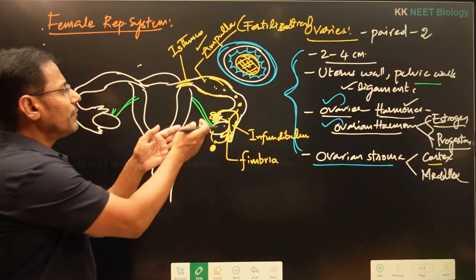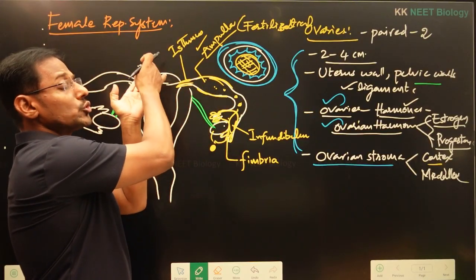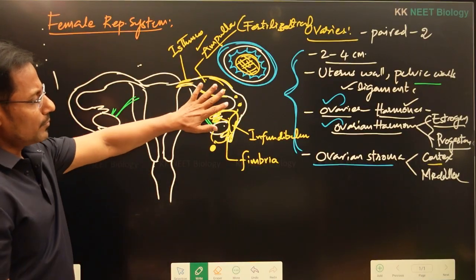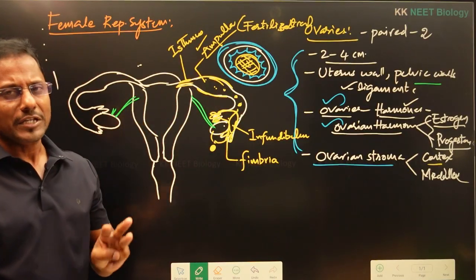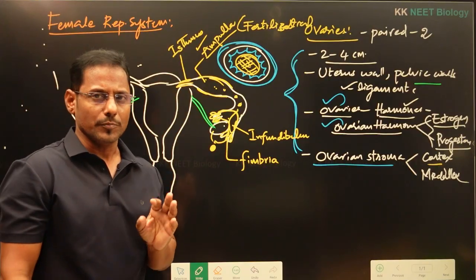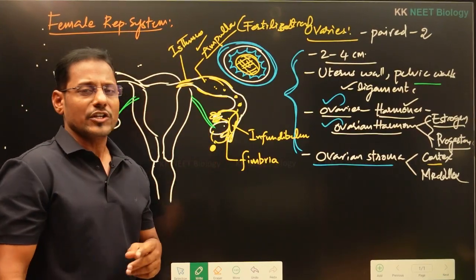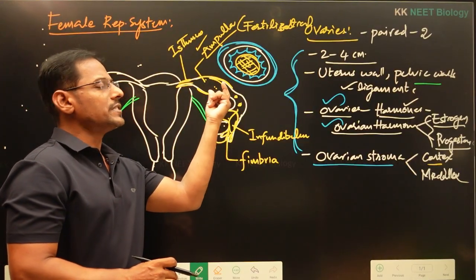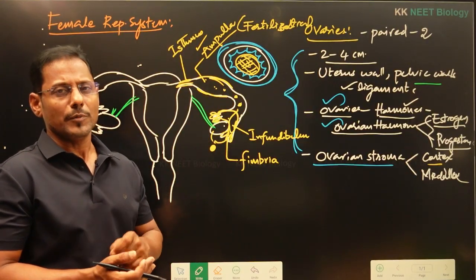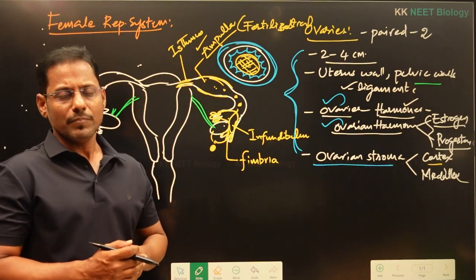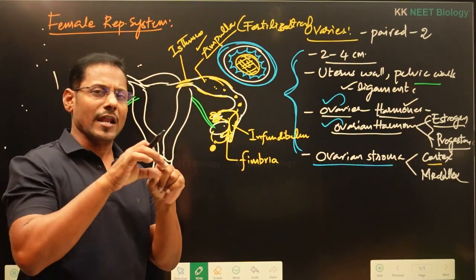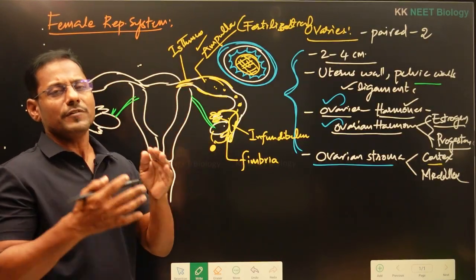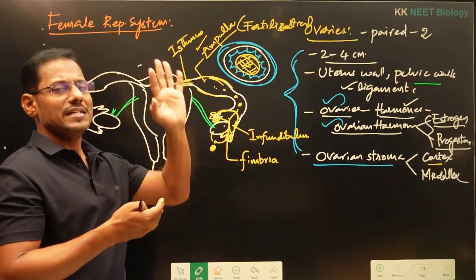Sometimes we can say the fallopian tube is attached to the uterus with the help of the isthmus. Now simply we can say three main parts are present in the oviduct or fallopian tube. One is the funnel-like infundibulum, which opens into a wider part, the ampulla. The ampulla further opens into a narrower part that attaches to the uterus, known as the isthmus.